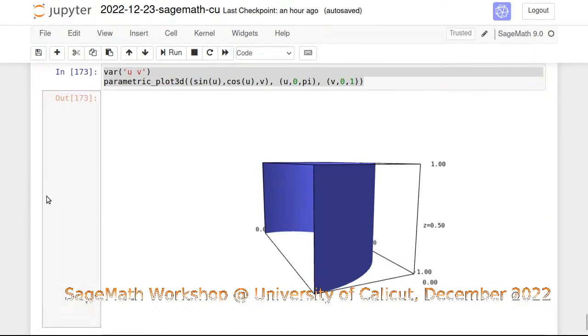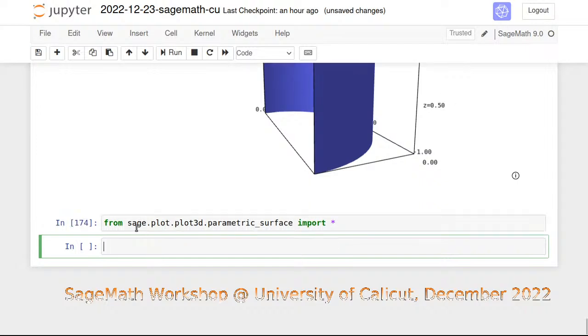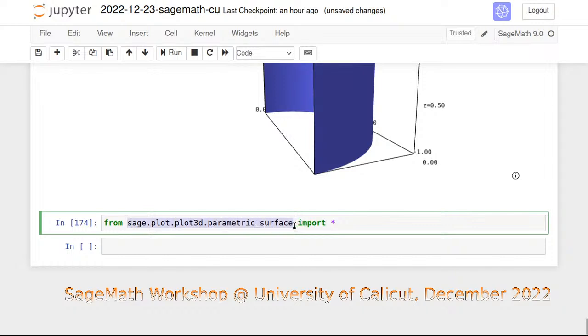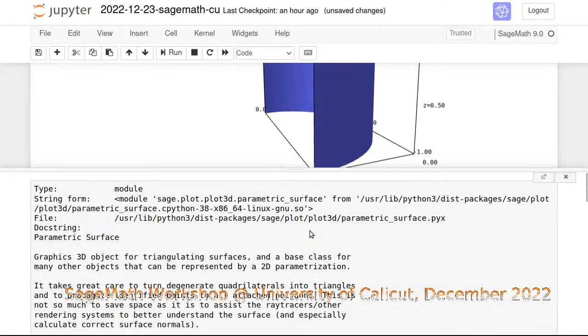So parametric surfaces available by default, if you want to see, from sage.plot3d.parametric_surface import *. So what are the things available?